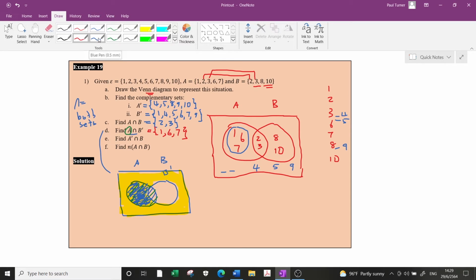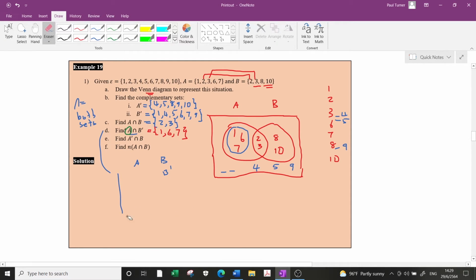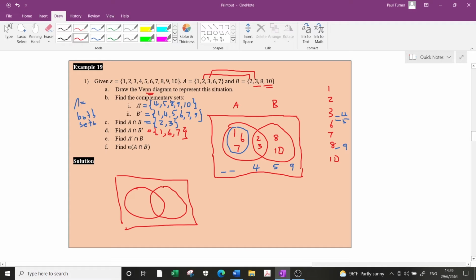Okay, so let's practice the next picture. Do that again. So make a Venn diagram, A and B. Now find not A intersecting B. So where is not A?